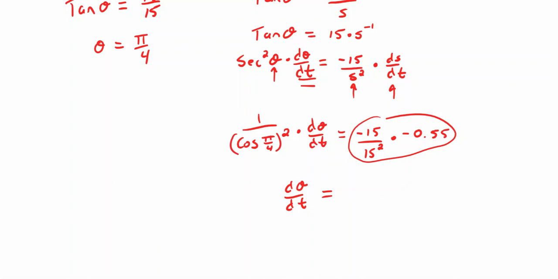You can simplify it all that way, but the way I would probably do it is to put it in your calculator, push math, fraction. If you want to, you end up getting 11 over 300. And then times cos pi over 4 squared. I just brought the cos pi over 4 squared from the bottom to the top there.